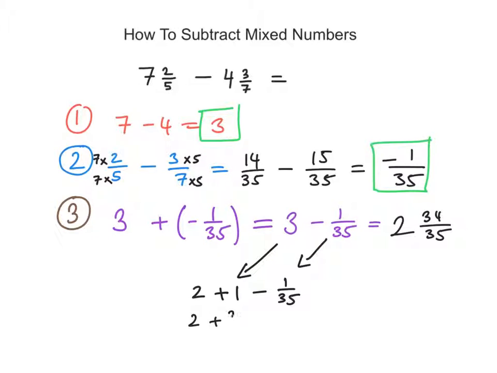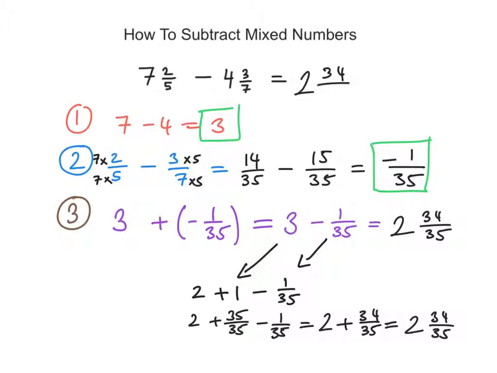So that's 2 plus 35 over 35 minus 1 over 35. Now that the denominators are the same, I can easily do this subtraction. 35 minus 1 is 34, so that becomes 2 plus 34 over 35, which simplifies to 2 and 34 over 35.